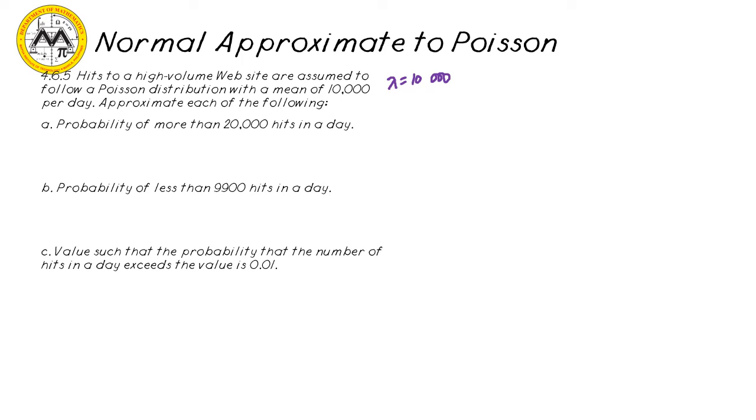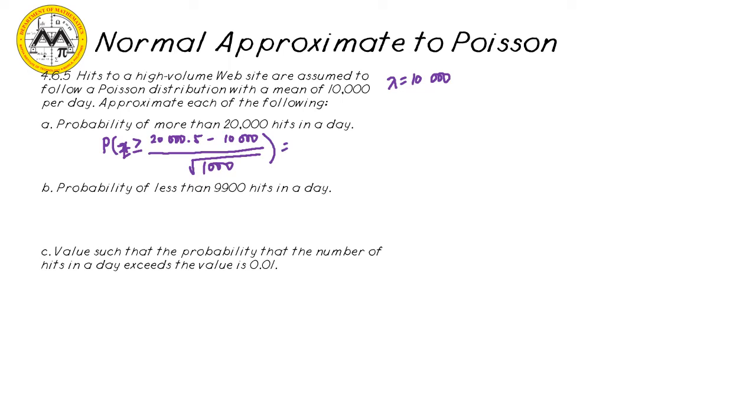So we're looking for the probability that x is greater than or equal to 20,000.5 minus 10,000 over the square root of 10,000, which is the z value.